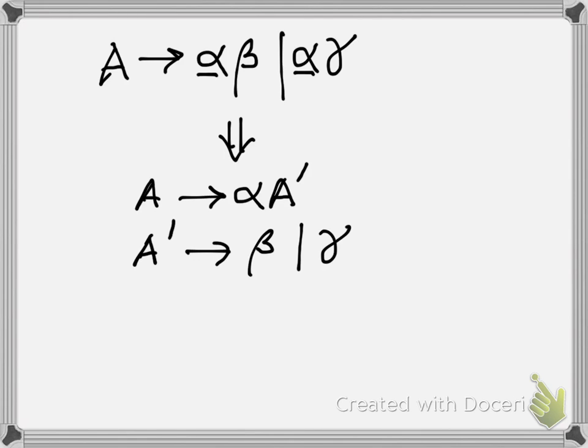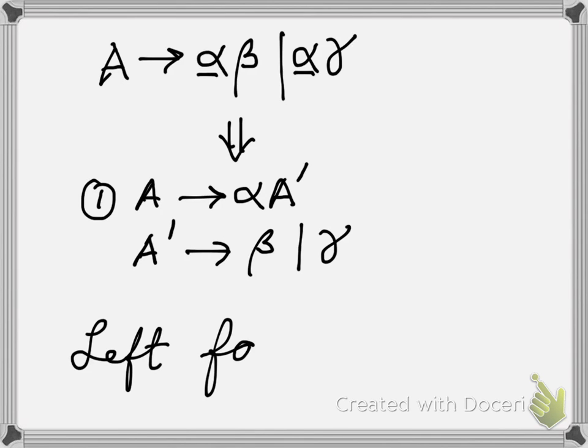So when I see an input alpha, I will always use the first production rule. And then when I have to expand A dash, I can choose to expand it with beta or with gamma. This is known as left factoring.